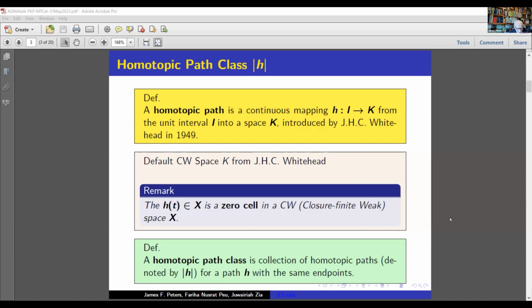And then we have the notion of a homotopic class. And I use the term homotopic path class as a collection of homotopic paths denoted by H bar, for a path or a set of paths with the same endpoints.